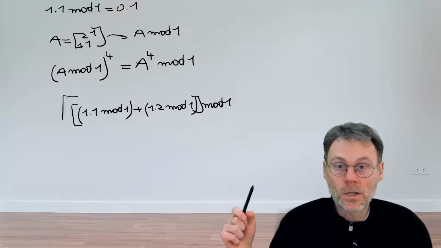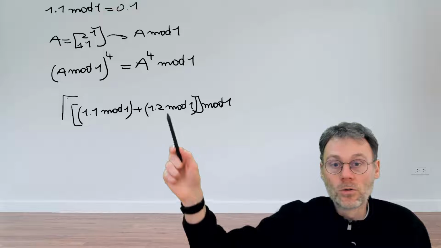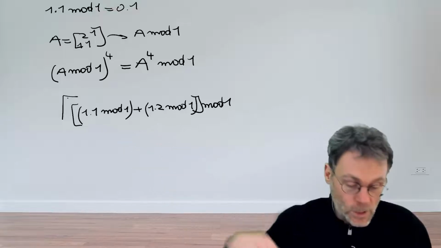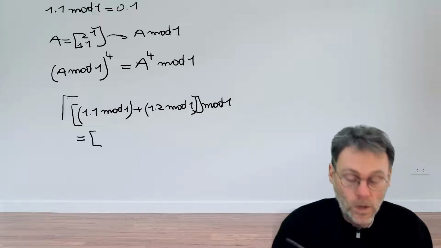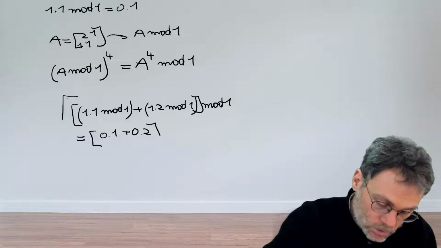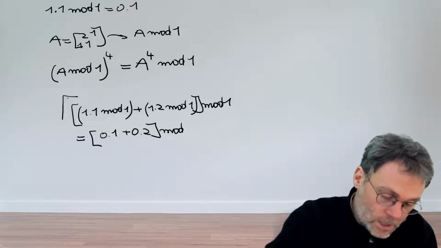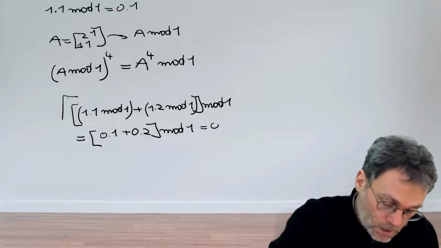It's just to illustrate that for summation and later on for multiplication by constants, we don't really need these intermediate mod operations. So 1.1 mod 1 is 0.1, here we have 0.3 mod 1, so this is going to be 0.3.